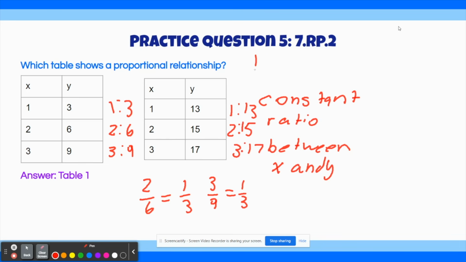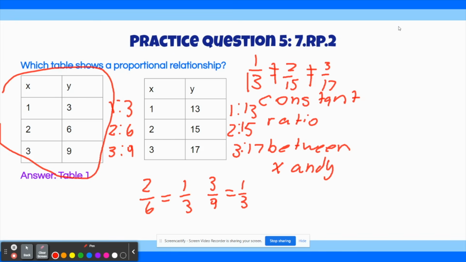So the fractions 1 over 13 and 2 over 15 and 3 over 17 are definitely not equal. So that one does not represent a proportional relationship, while table 1 does. So table 1 is going to be our final answer.